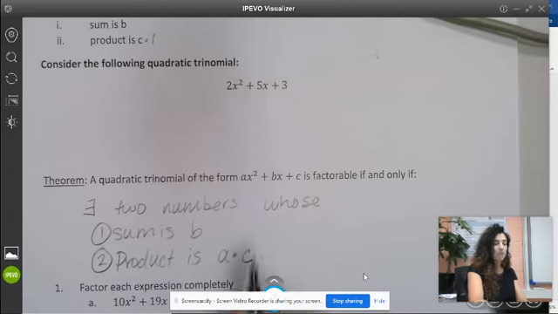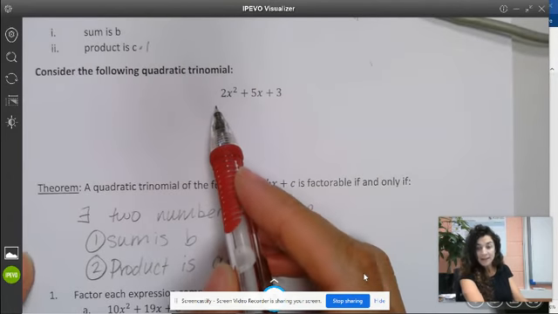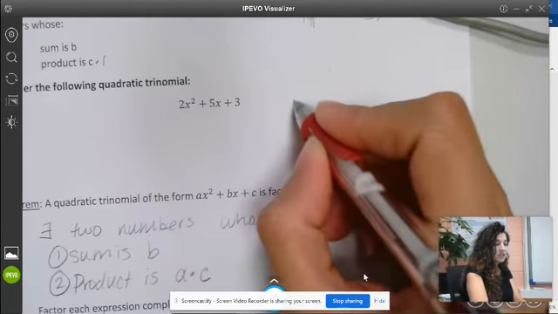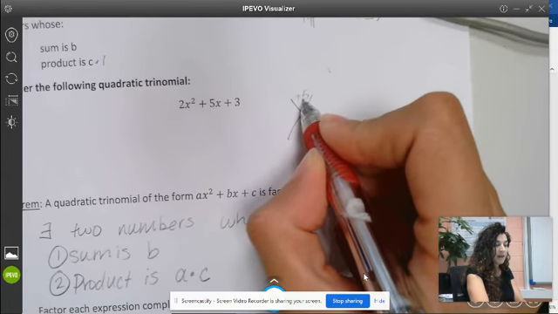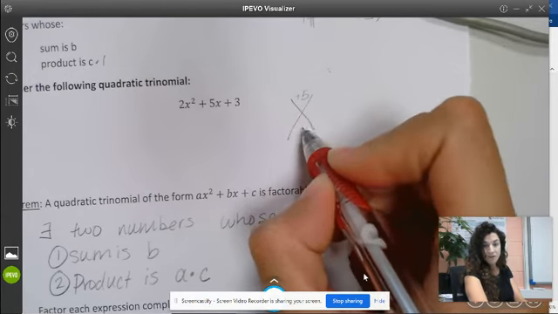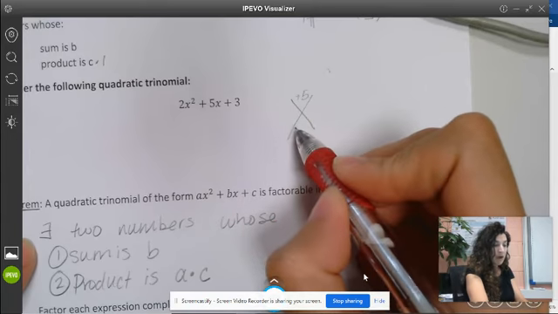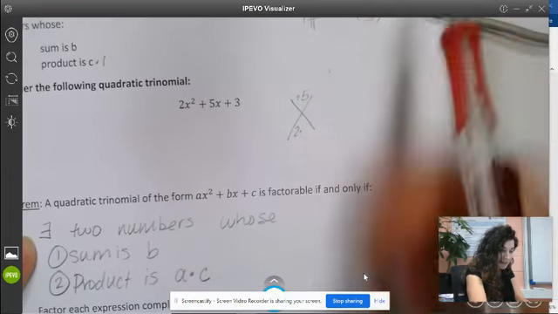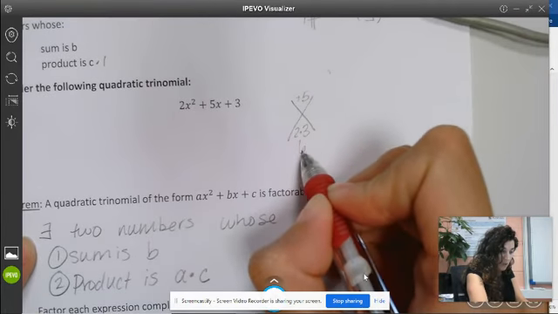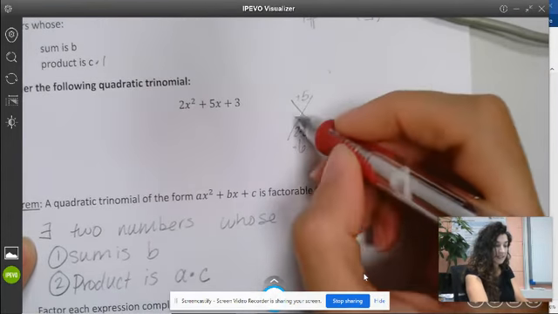So if we want to factor something where a is not 1, I'm going to create this little x guy, and I'm going to do positive 5 here. Instead of just doing 3 down here, now I'm going to do 2 times 3, which is positive 6.